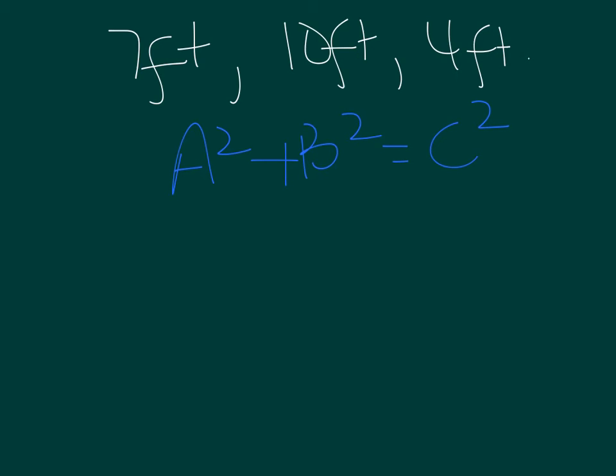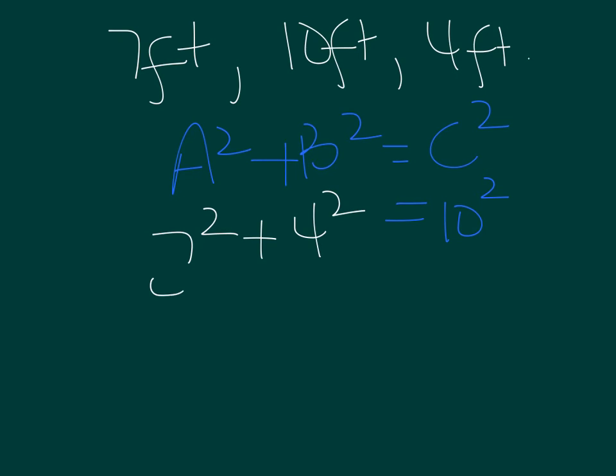Well, if I give you 3 measurements, you got to know which one's A, B, and C. The only one I know for sure is the longest side has to be C. The other 2, they can go in A or B, it doesn't really matter. So I know 10 has to be my C, so 7 and 4 have to be A and B. So 7 squared plus 4 squared.